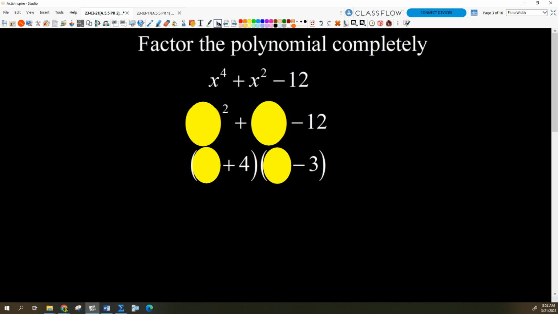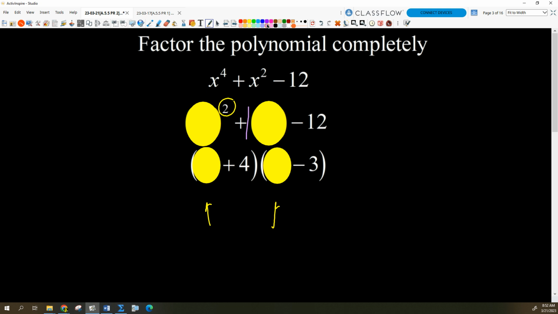And we know that whatever this thing is, when I factor it, it's got to go there and there because it's being squared, right? And the magic numbers would have to multiply to negative 12 and add to 1. Those are my coefficients, aren't they? There's a 1 there, right? So my magic numbers are 4 and negative 3.